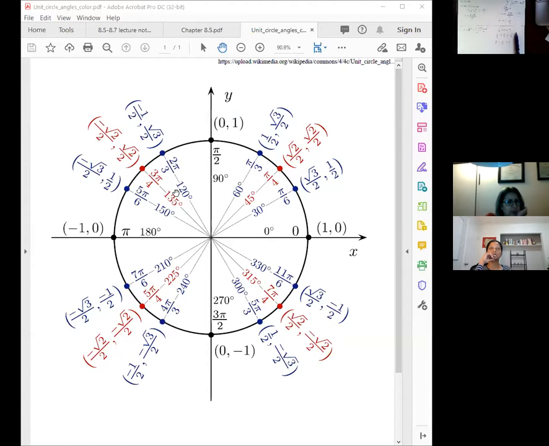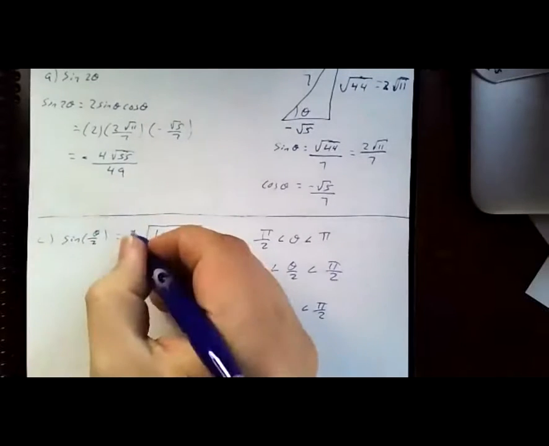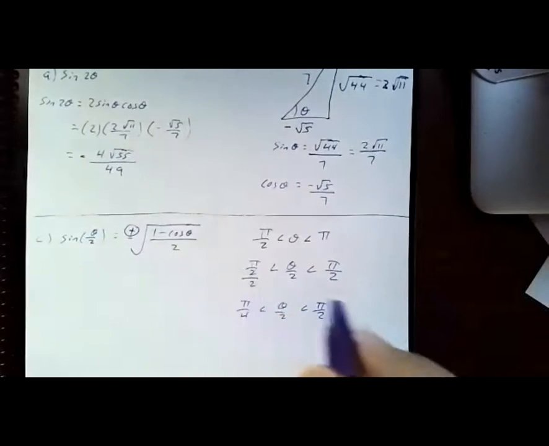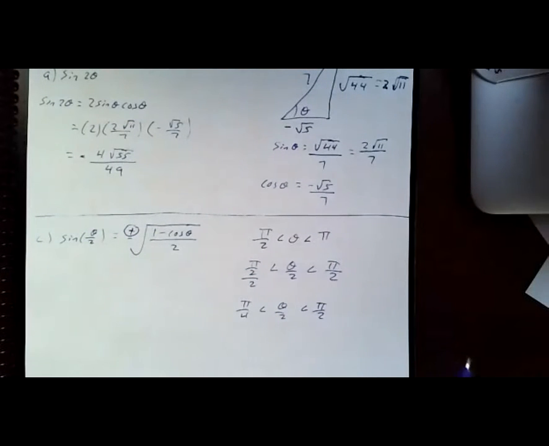When you divide by 2, you get theta over 2, which is between pi over 4 and pi over 2. So now we're in quadrant 1, which tells us to use positive, so we use plus, not the minus. If it had stayed in quadrant 2, sine is positive so it wouldn't have mattered, but if we had cosine, we would have picked minus.